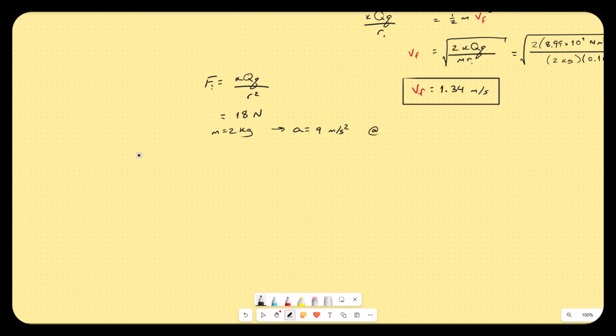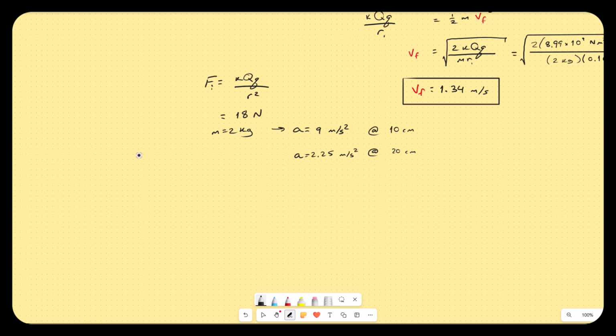So this is at 10 centimeters. When I am at 20 centimeters, I am already down to 2.25 meters per second squared. That drops off really fast, that acceleration.